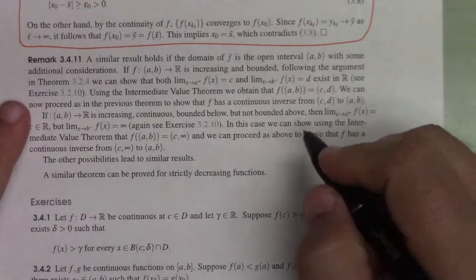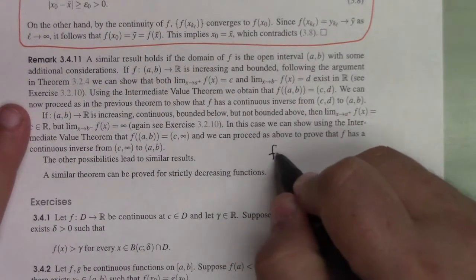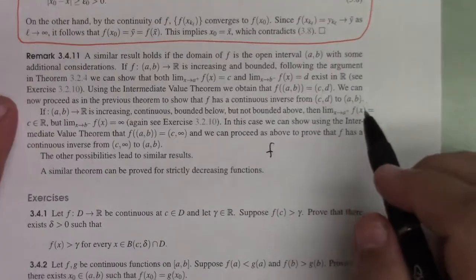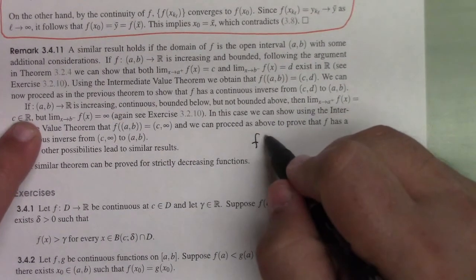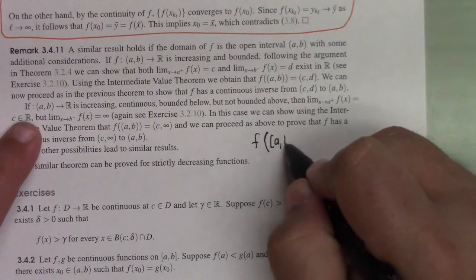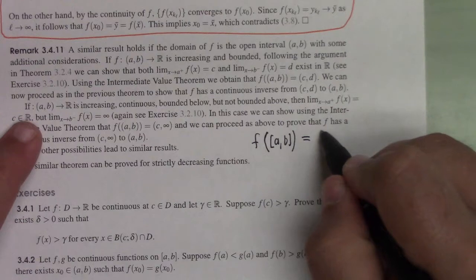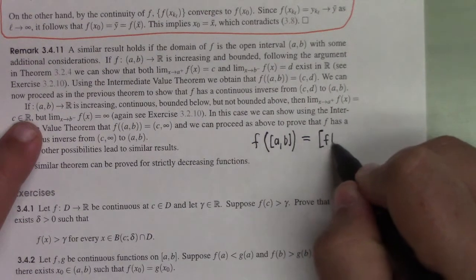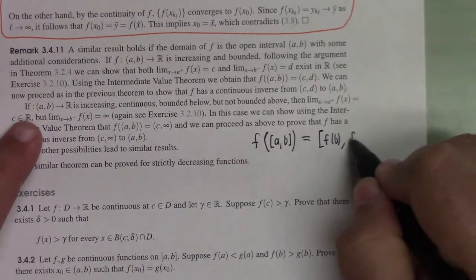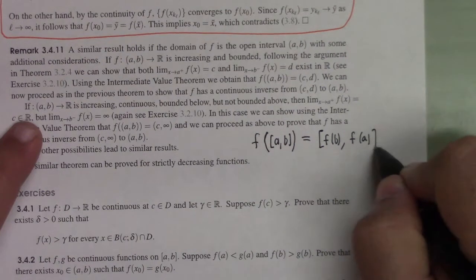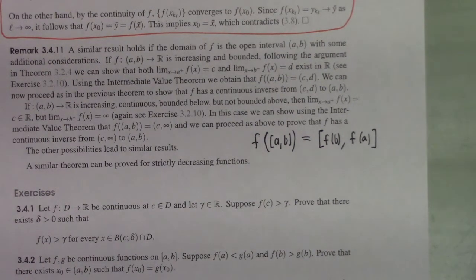If you have a strictly decreasing function, then f of the closed interval [a, b] would be equal to something like [f of b, f of a], I think. It's decreasing, so it flips the endpoints for a decreasing function.